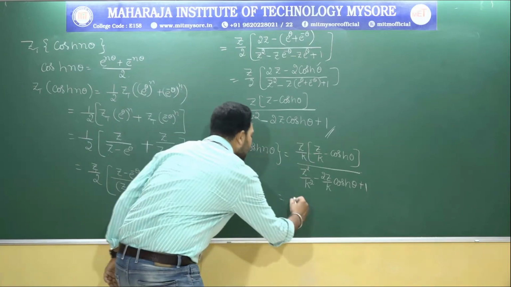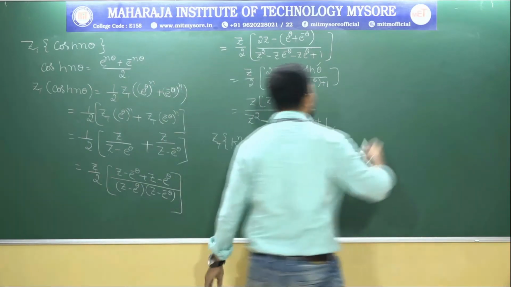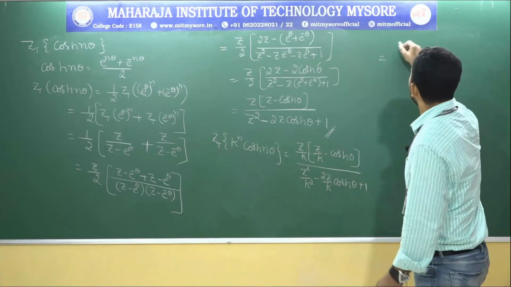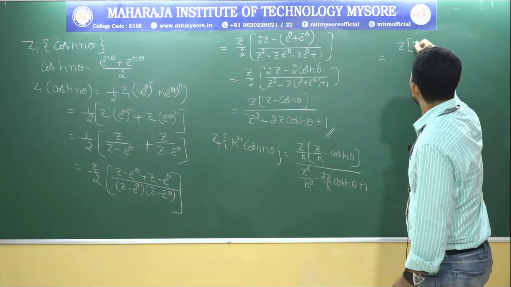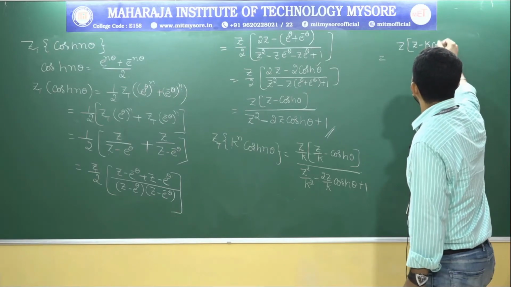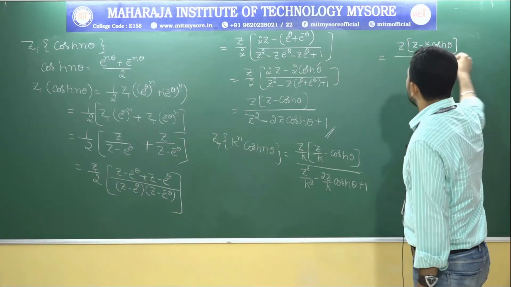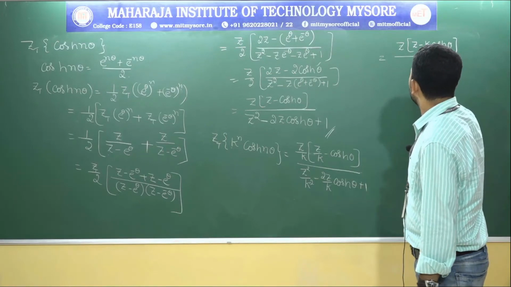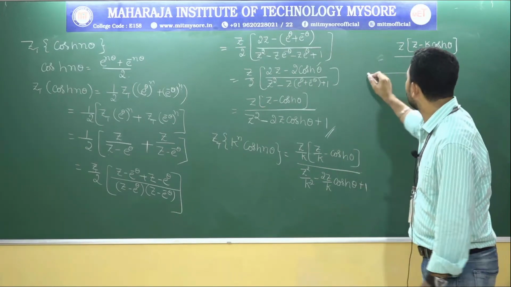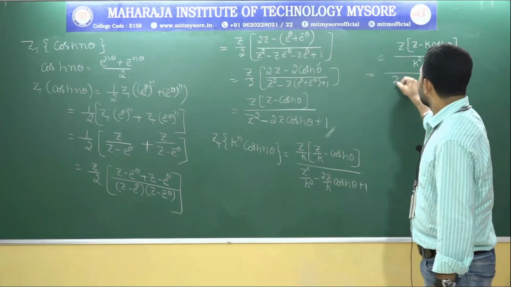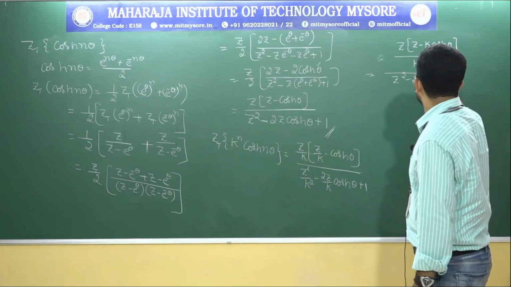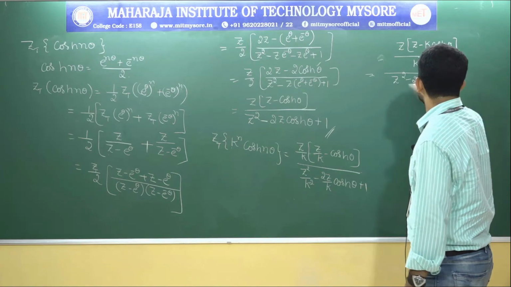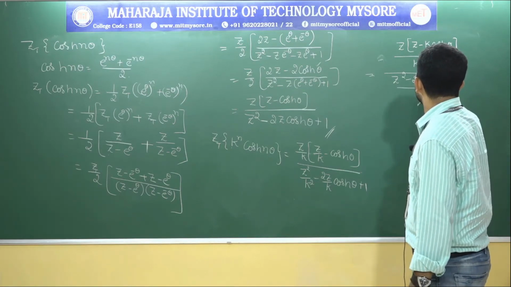Taking k² LCM, we get z into z minus k cos hyperbolic theta, overall divided by k², divided by z² minus 2zk cos hyperbolic theta plus k², overall divided by k².